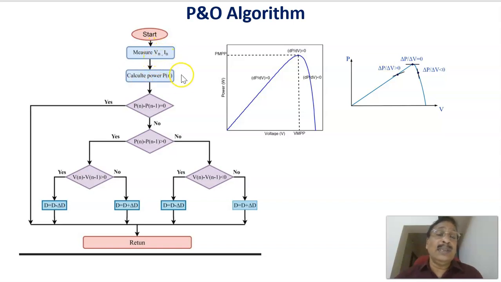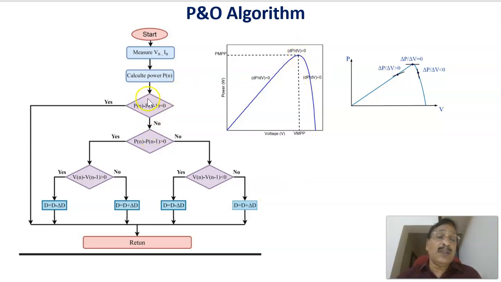Instantaneous power is being calculated, and that is compared with the previous power. If both are equal, if the present calculated power is the same as the previous power calculated, that indicates the maximum power point. Therefore, if the difference is 0, meaning both powers are equal, in that case it is returning the final solution, that is, maximum power is tracked.